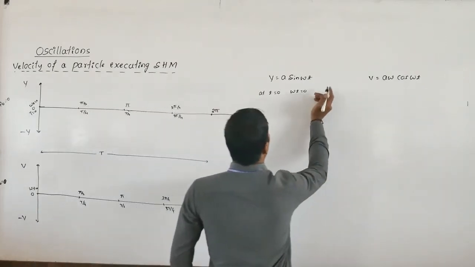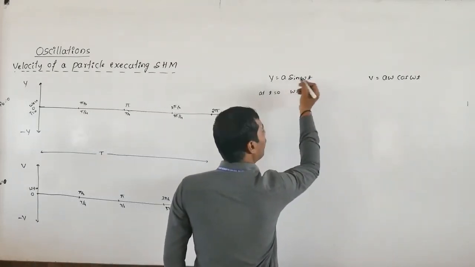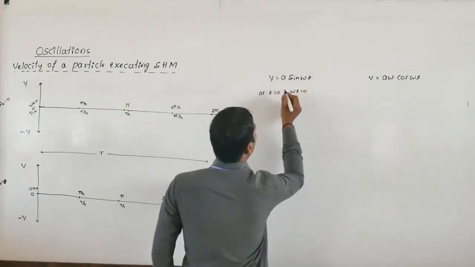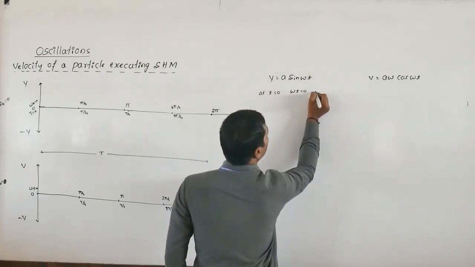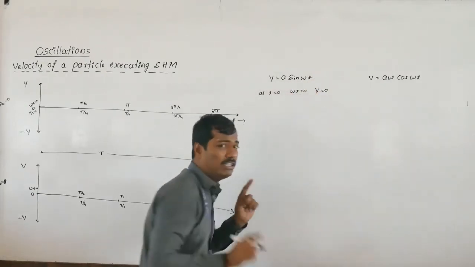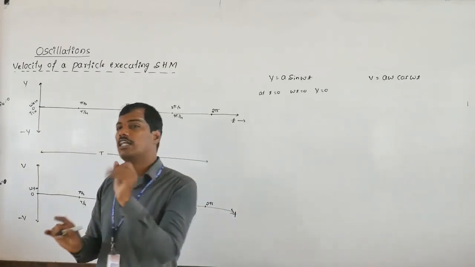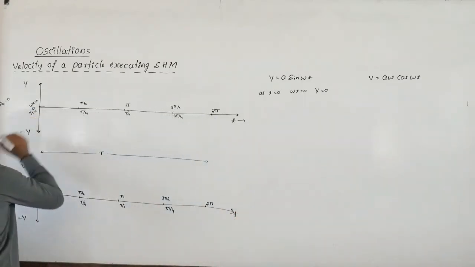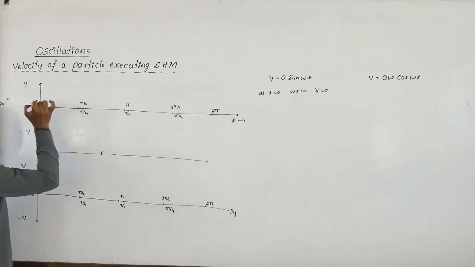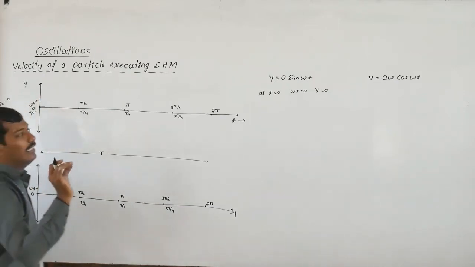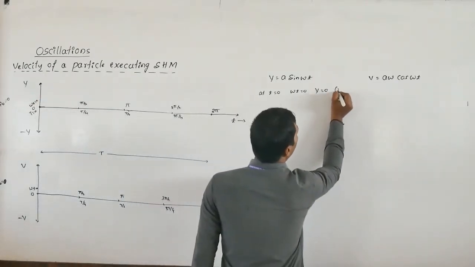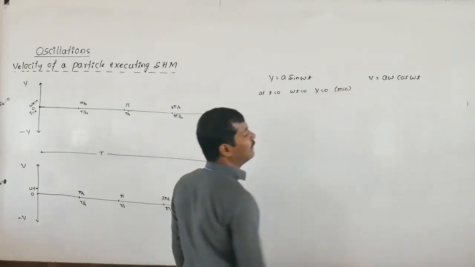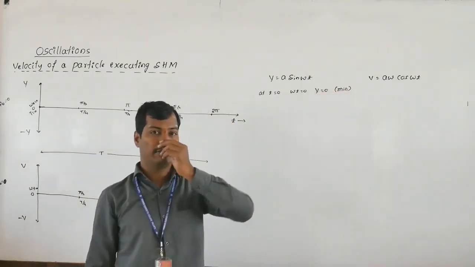Okay. Next, here omega t is 0. If omega t is 0, then what about the displacement? This is 0. It means the particle starts from its mean position. Here it starts from 0. This is called the minimum displacement.